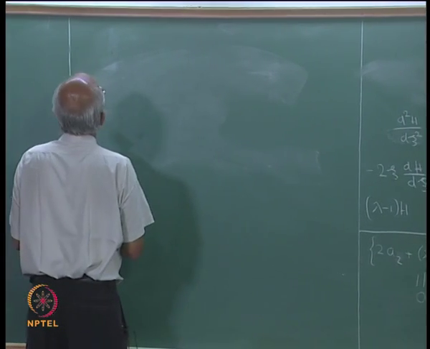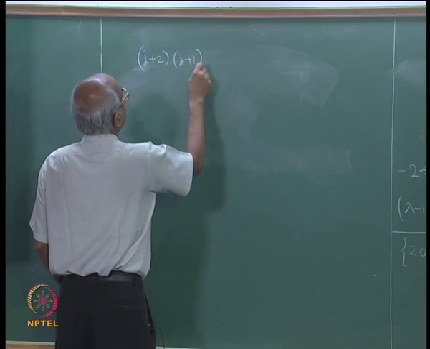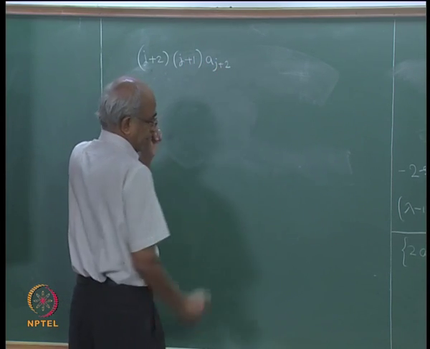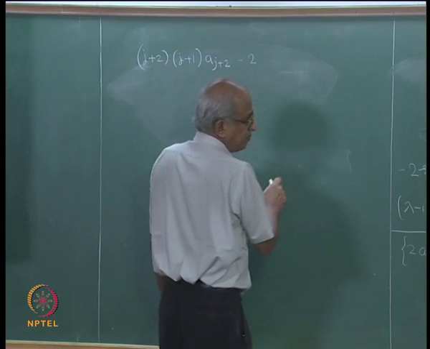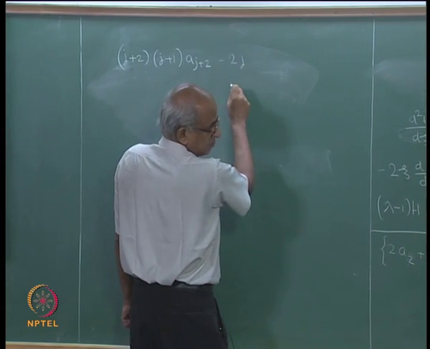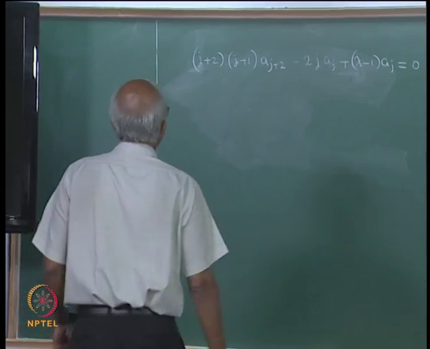It says that, that is what it says, and this has to be valid for all values of j equal to 0, 1, 2, 3, etc. Now, we can rearrange this.